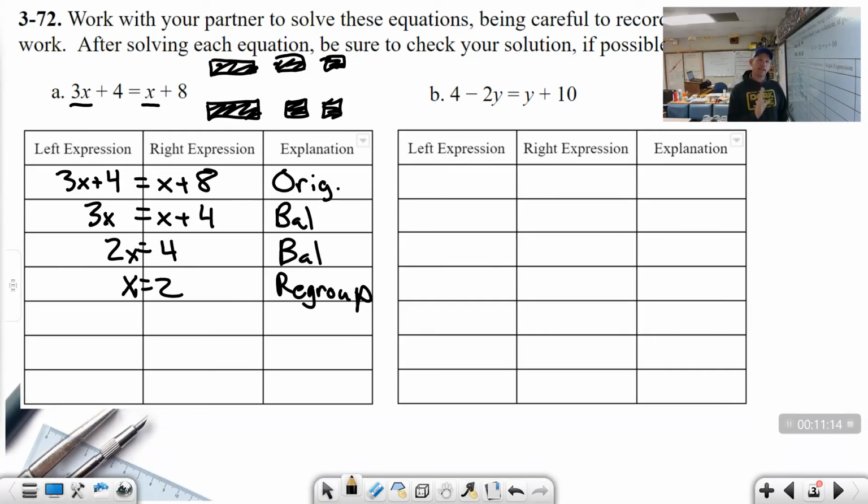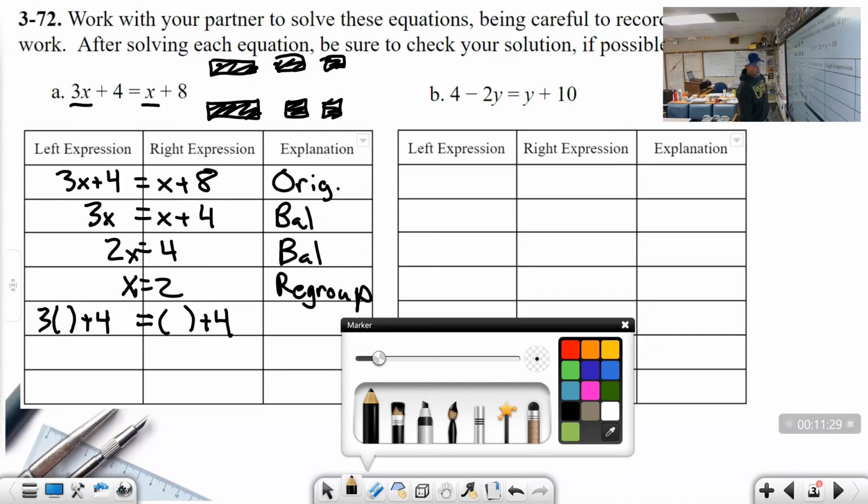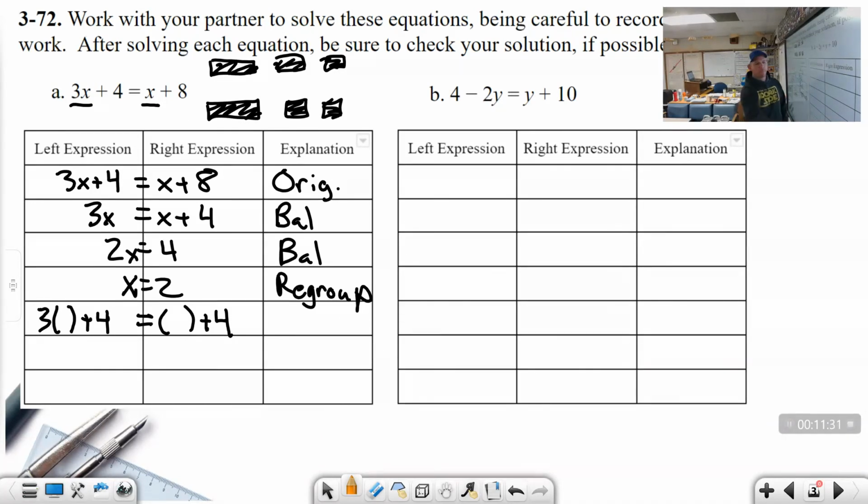A solution is the number that makes both sides equal. Watch, please. 3 parentheses plus 4 equals parentheses plus 4. And notice instead of x, I put the parentheses in, and I found my answer, x equals 2.